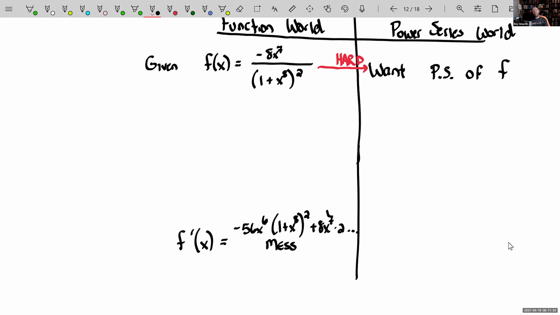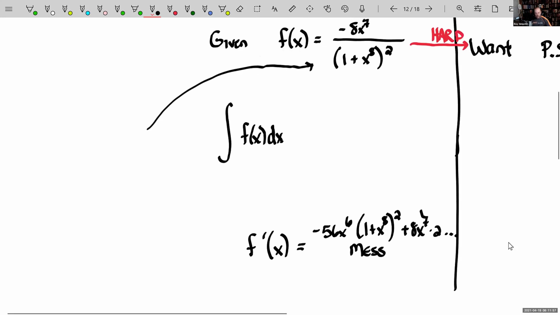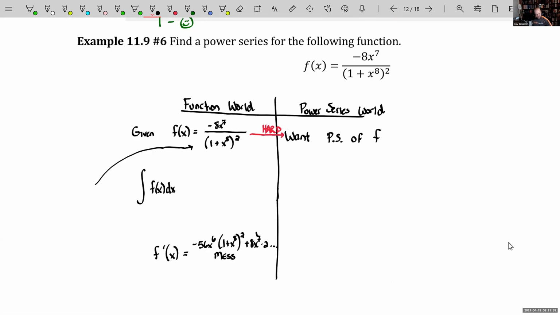So maybe if I integrate f, it would be cleaner. So let's think about the antiderivative of f here. What is it that you would take the derivative of to arrive at this f? Well, let me just off to the side do this computation.